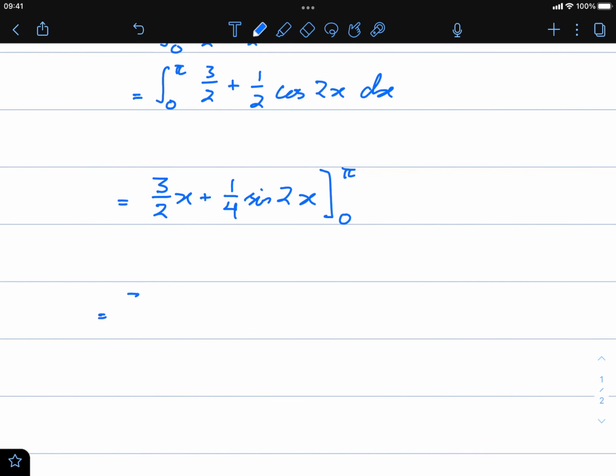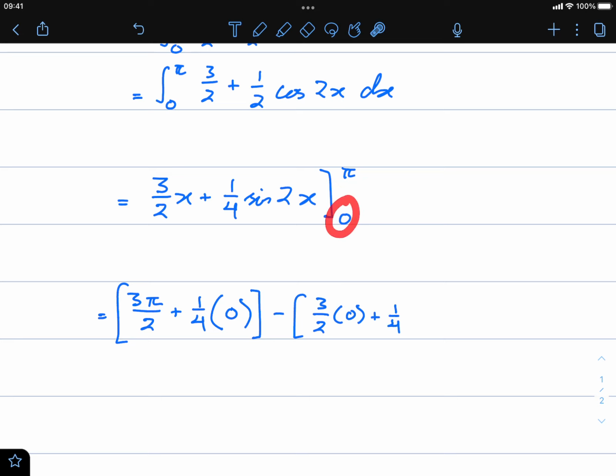Substituting pi first, we get 3 pi on 2 plus 1/4 of sine of 2 pi, which is going to be 0, minus 3 on 2 times 0 plus 1/4 sine of 0, which is going to be 0 as well.